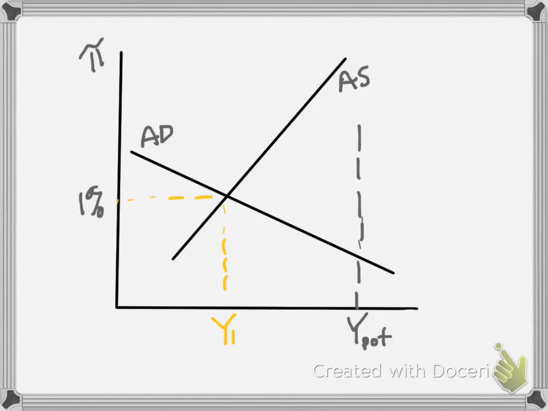Now, normally the process of recovery from a recession like that would be that because inflation is low and because the output gap is quite significant and is negative, there's a lot of unemployment, so expectations of inflation go down even further, and the aggregate supply curve shifts as inflation goes down.